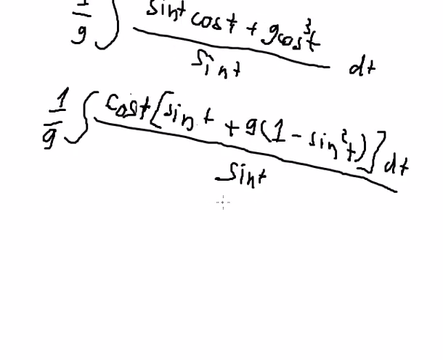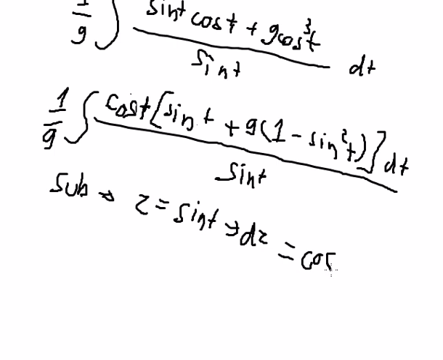So we can do about substitution. So we put about z equal to sine t, dz equal to cosine t dt.